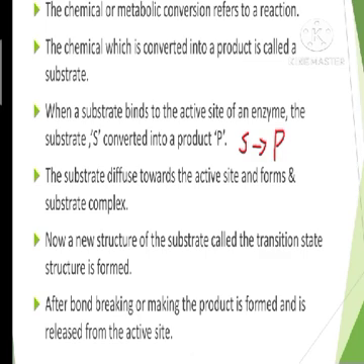And when it becomes a product, it will be stable. So the stability is something related to energy status, isn't it? The transition state will be having high energy state, but the product will be having a low energy state. So it becomes a stable product.